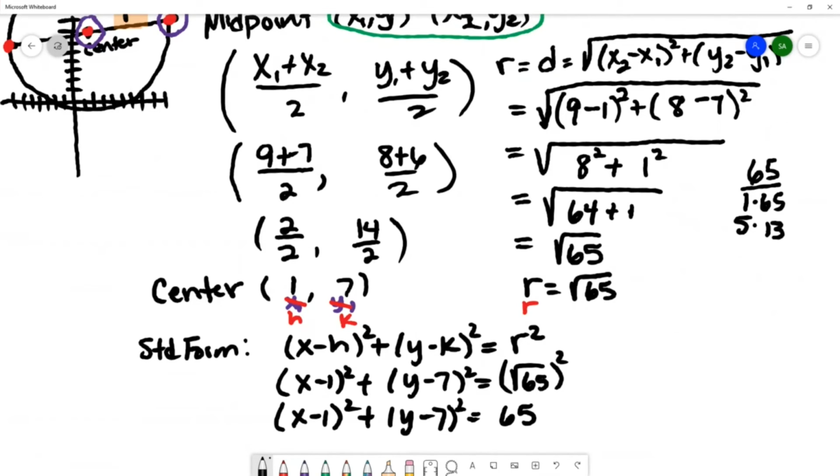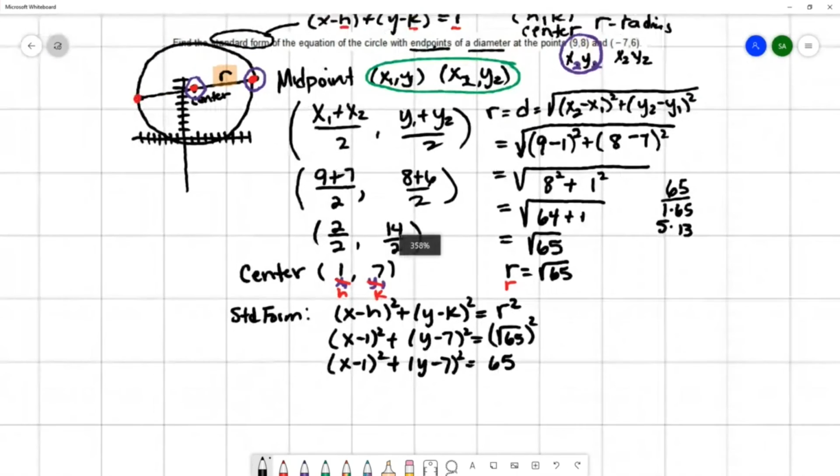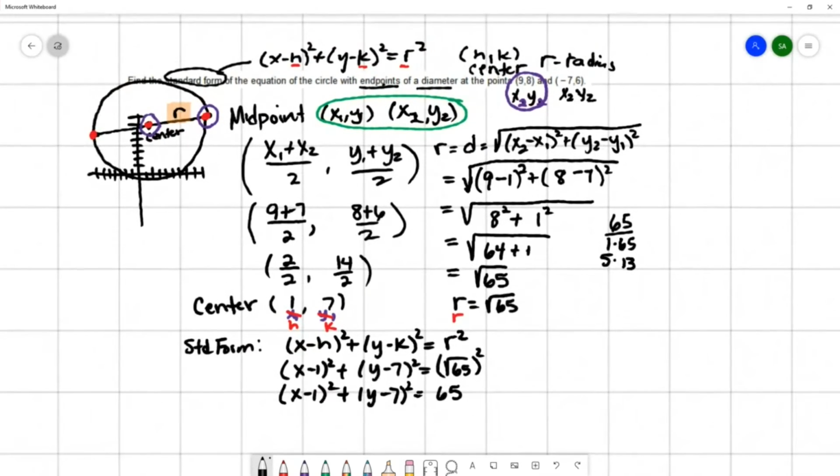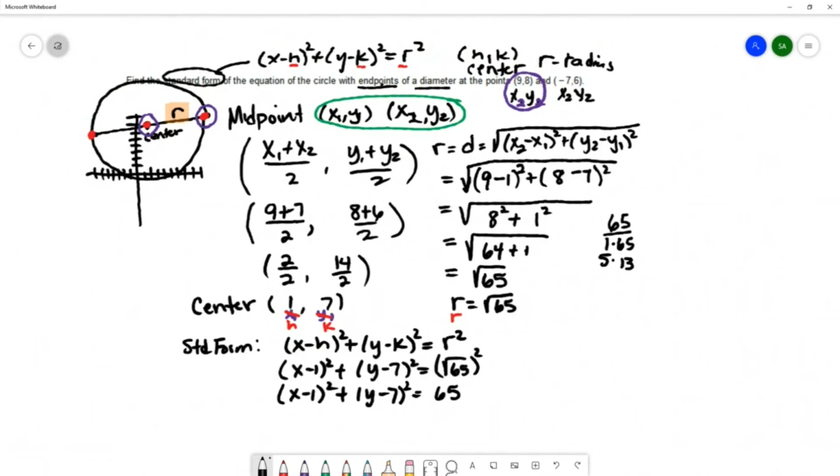So I have the standard form of a circle with, let me scroll out a little bit here, diameter endpoints of (9, 8) and (negative 7, 6), being (x minus 1) squared plus (y minus 7) squared equals 65.